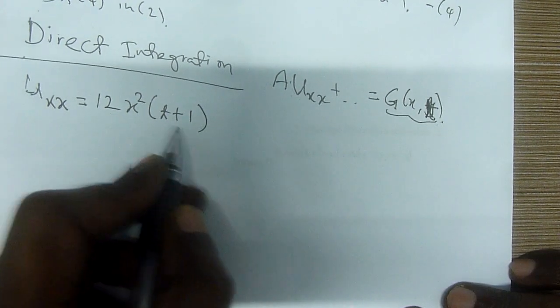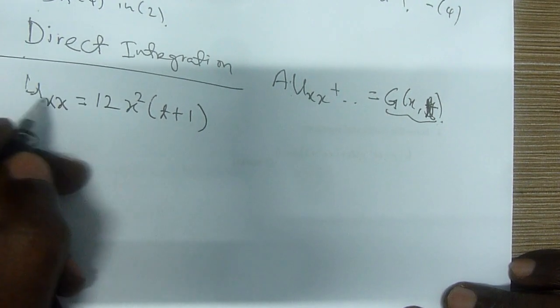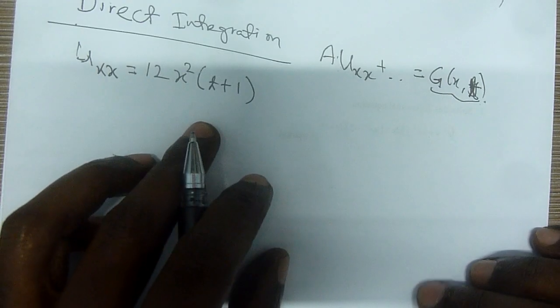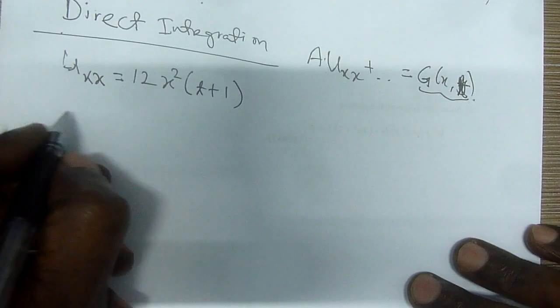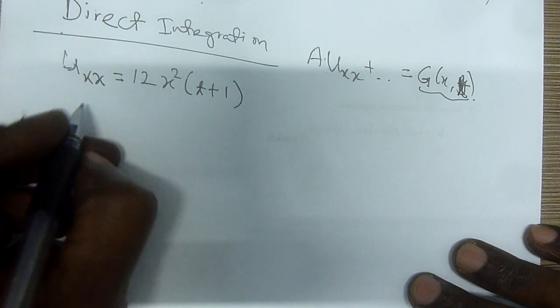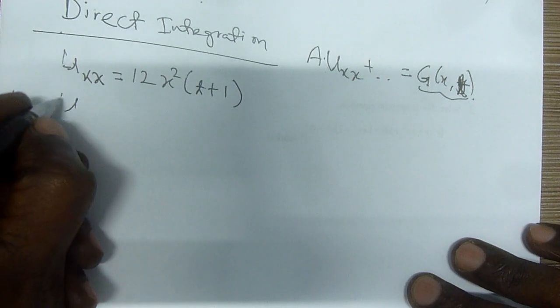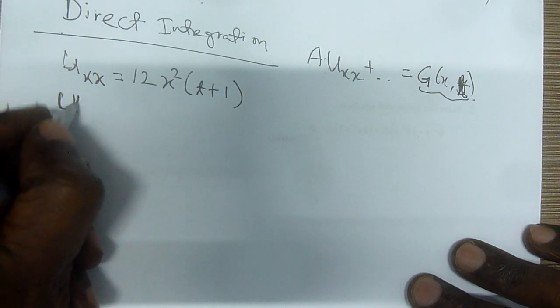When you see a non-homogeneous equation, we can solve it using the direct method. Let's say they have provided you some boundary conditions.